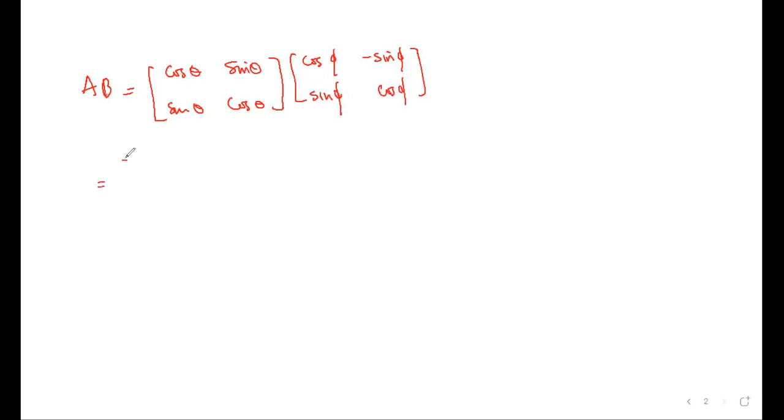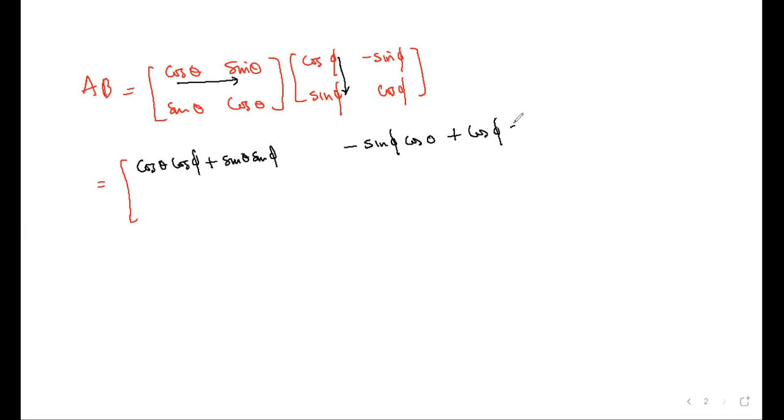Let's multiply and see. Again, we'll be multiplying row with column. Don't forget this: sleeping versus standing. So I'll write cos theta cos phi plus sin theta sin phi. Next one, minus sin phi cos theta plus cos phi sin theta.